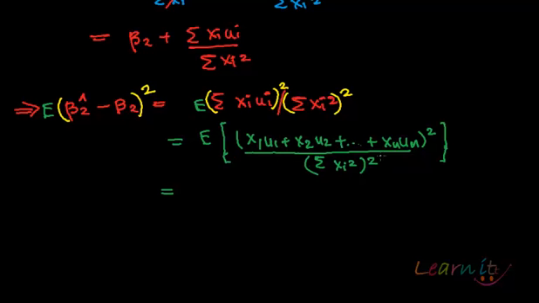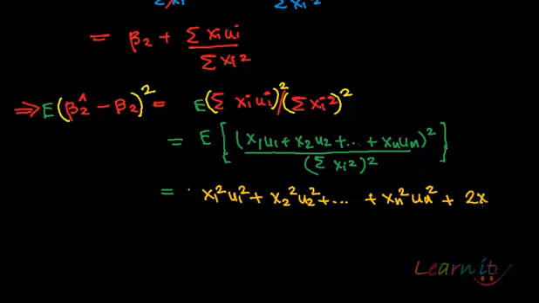Well, if you expand it, what you will get is x1 square u1 square, x2 square u2 square, and so on to xn square un square, plus 2 x1 u1 into x2 u2, and plus so on to 2 xn minus 1 xn into un minus 1 un.